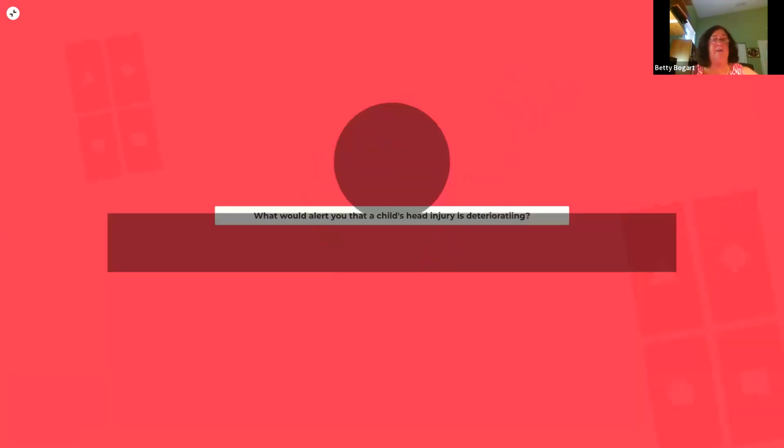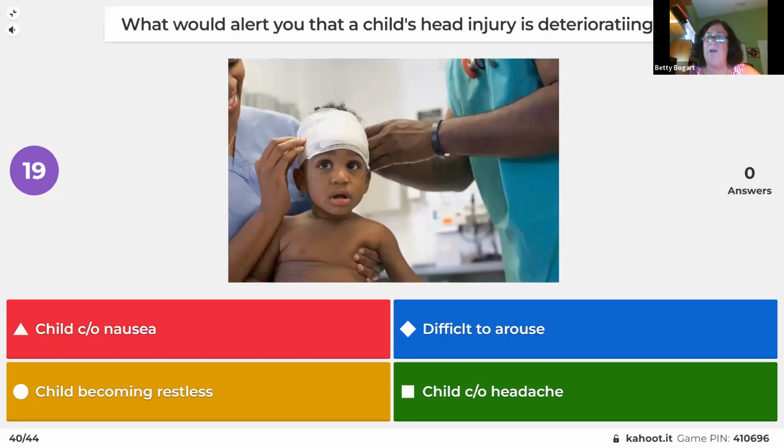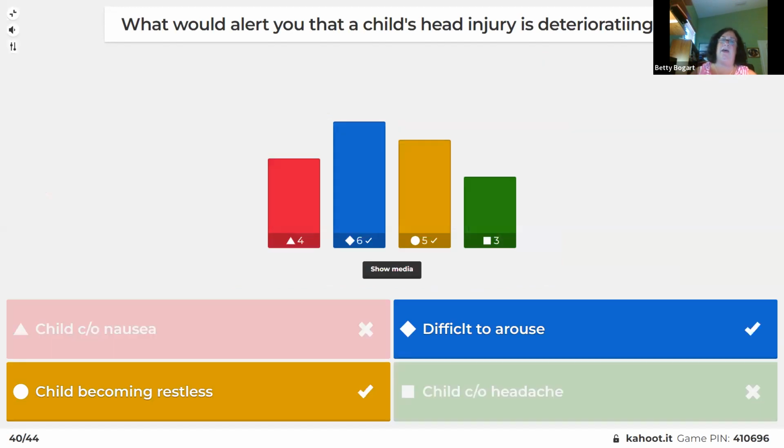A multi-select. What would alert you that a child's head injury is deteriorating? Well, all children with a head injury are going to have a headache and they're going to be complaining of nausea.